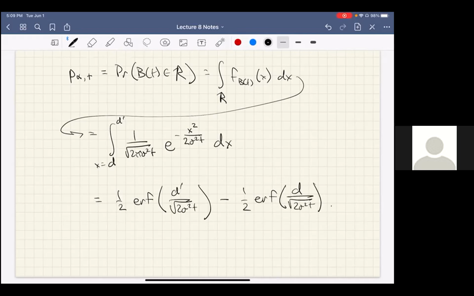And that's it. So if you know the error function, you can actually get p alpha t at each t, and notice that this probability is a function of t. So t appears here and here.